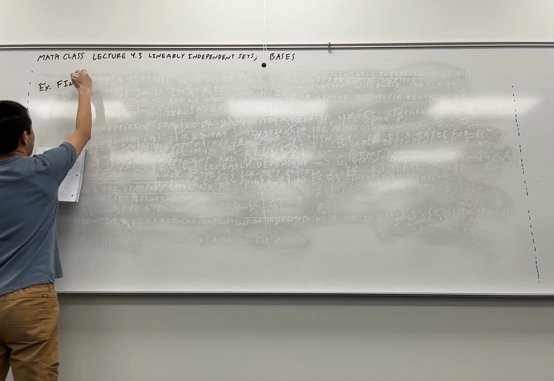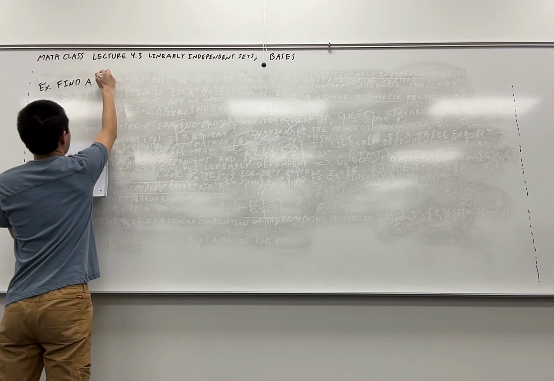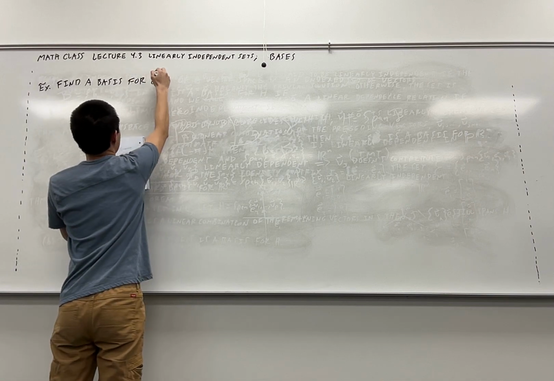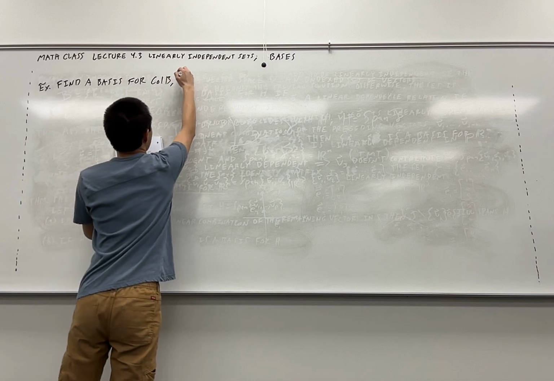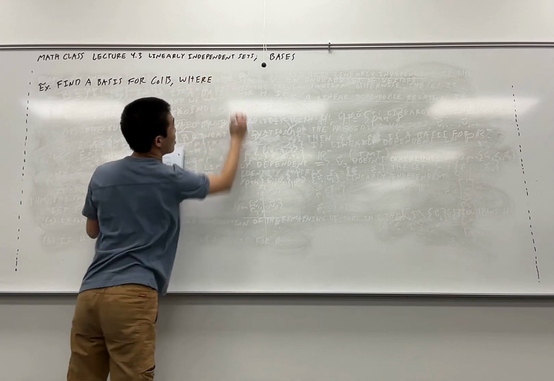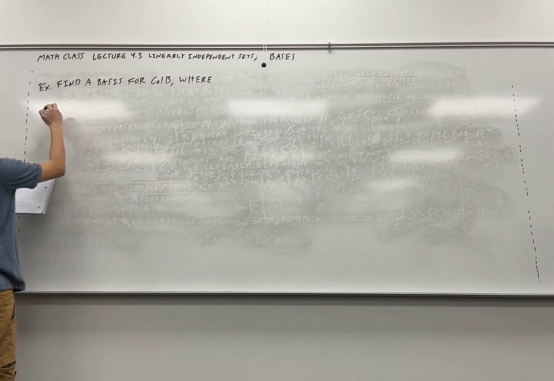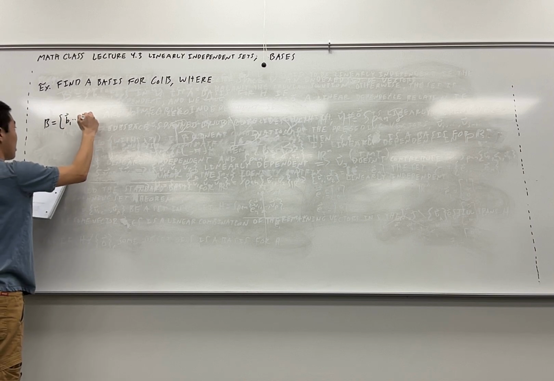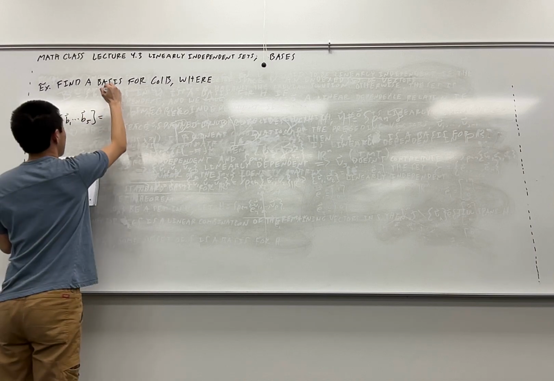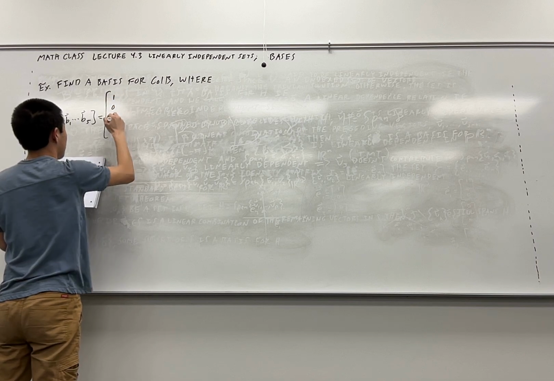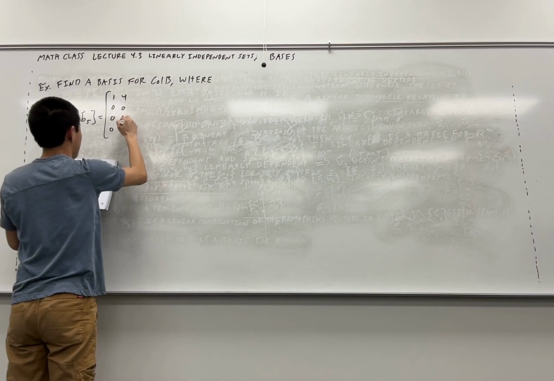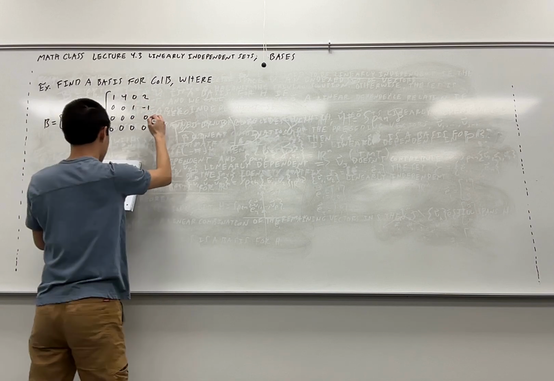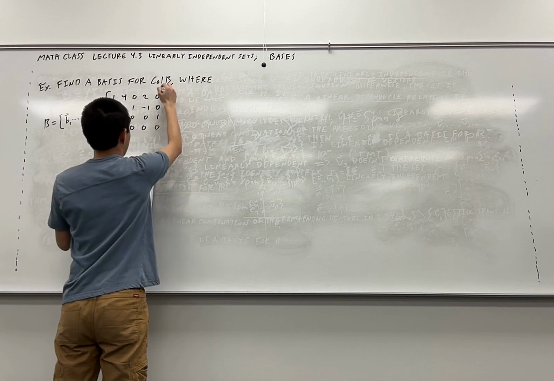Find a basis for the column space of the matrix B, where B is equal to B1, with 5 columns: 1, 0, 0, 0, 4, 0, 0, 0, 0, 1, 0, 0, 2, minus 1, 0, 0, 0, 0, 1, 0.